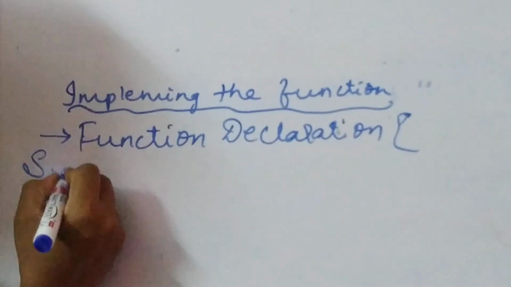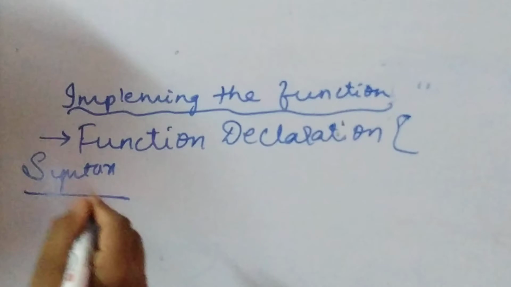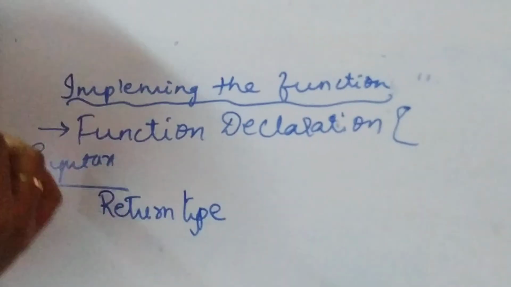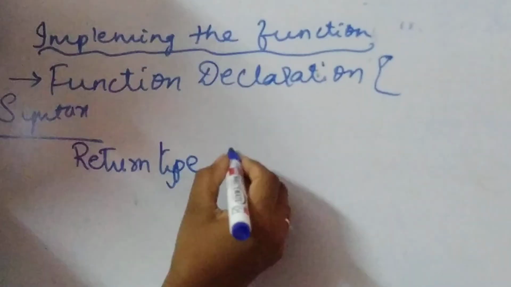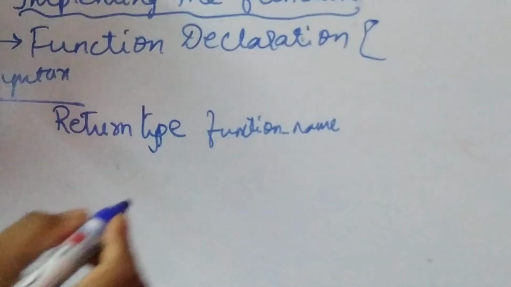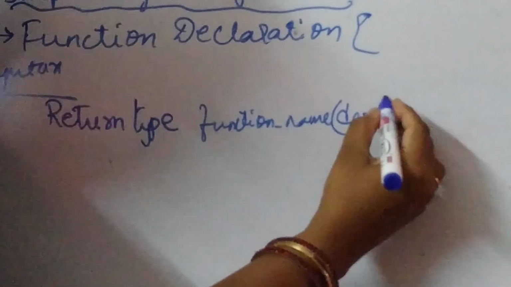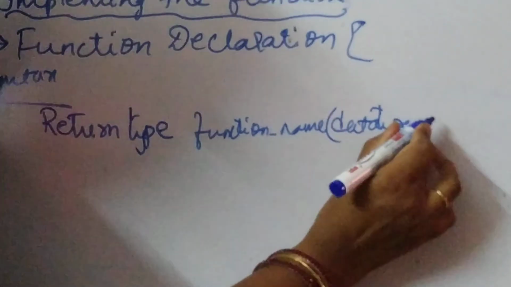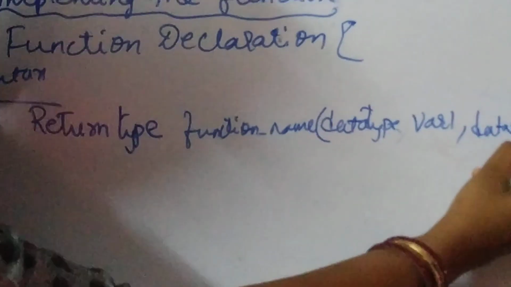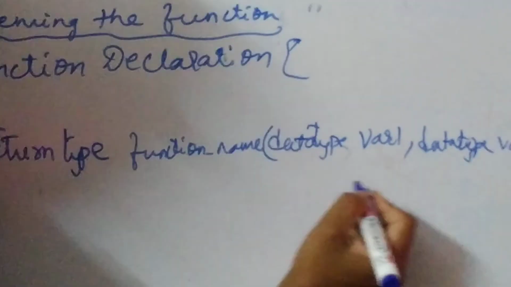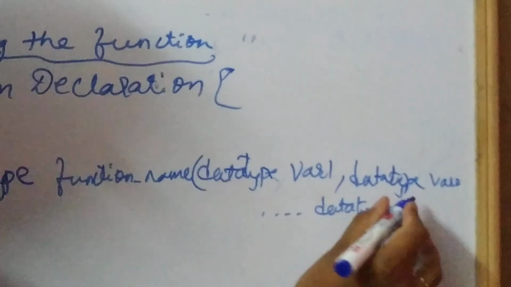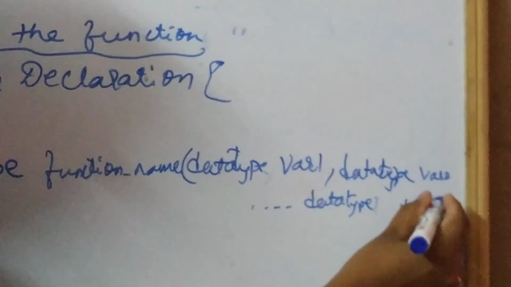The syntax for the function declaration is: return type, function name, data type var1, comma, data type var2, and so on, data type varn.